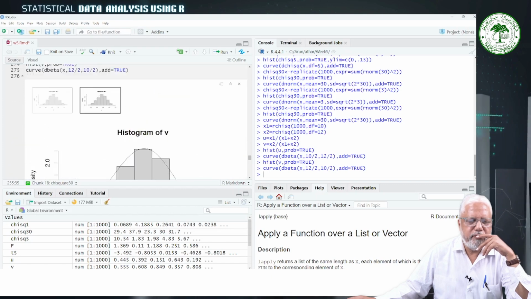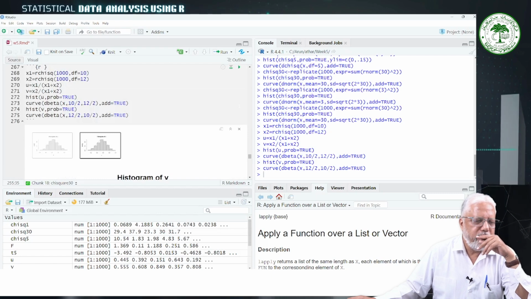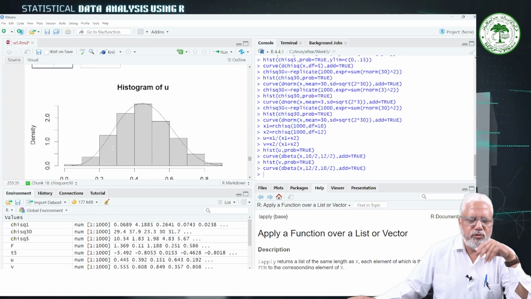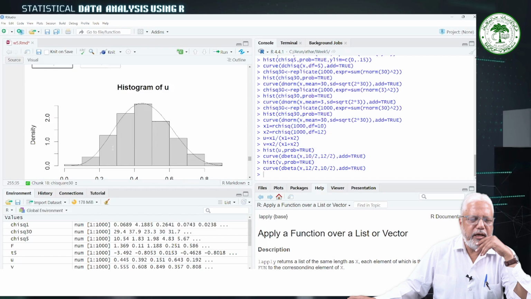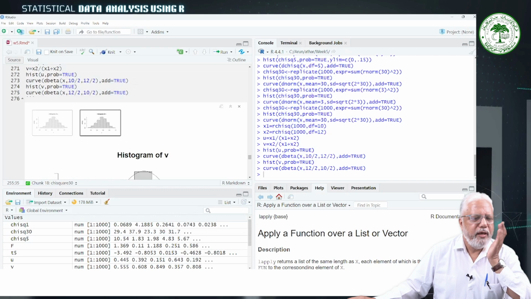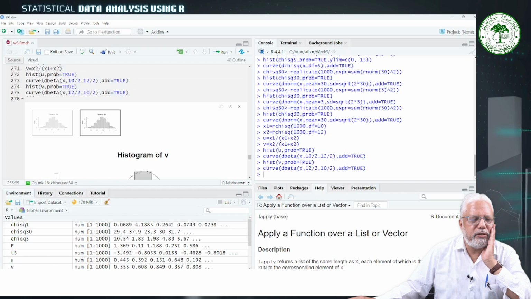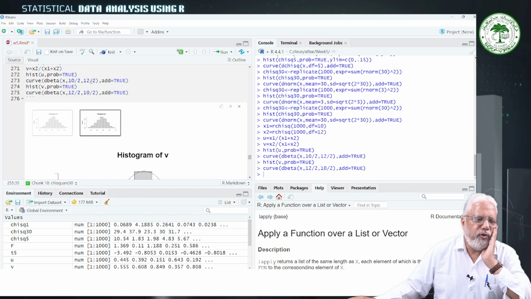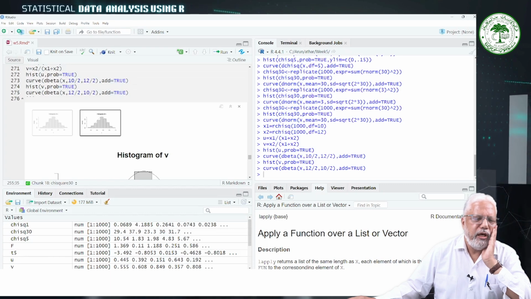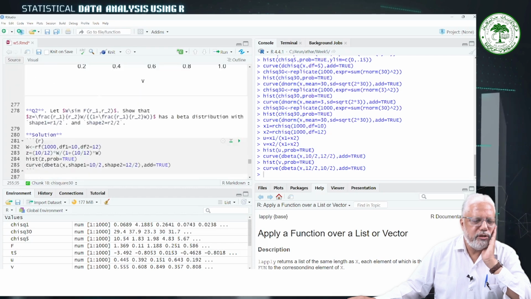Similarly, this is the distribution of V, and where is the distribution of U? Distribution of U is this one. So this is the distribution of U and this is the distribution of V. Both the graphs we have kept in the same plot. In U, the curve is beta with 10 by 2, 12 by 2. Whereas in case of V, shape 1 is equal to 12 by 2 and shape 2 is equal to 10 by 2. So this is the interchange of the shapes, the degrees of freedom.